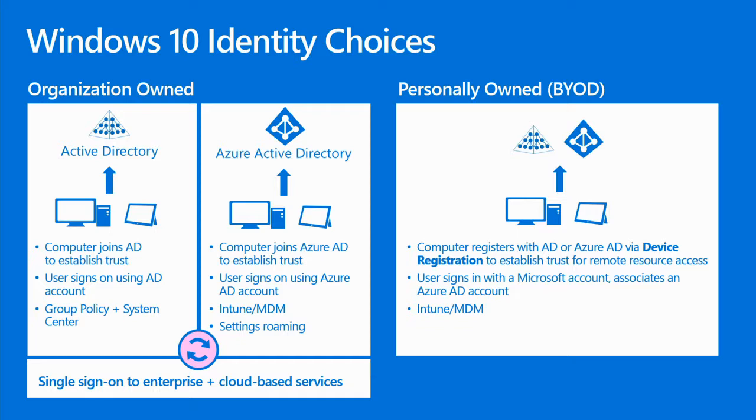An Active Directory machine joins AD, but then can be trusted by cloud-based services too. So the directory synchronization between those two enables that to work either direction. On the personal side, you can take a BYOD device, add a work account to it, which would be an Azure AD account, to establish that level of trust and the single sign-on support there too.